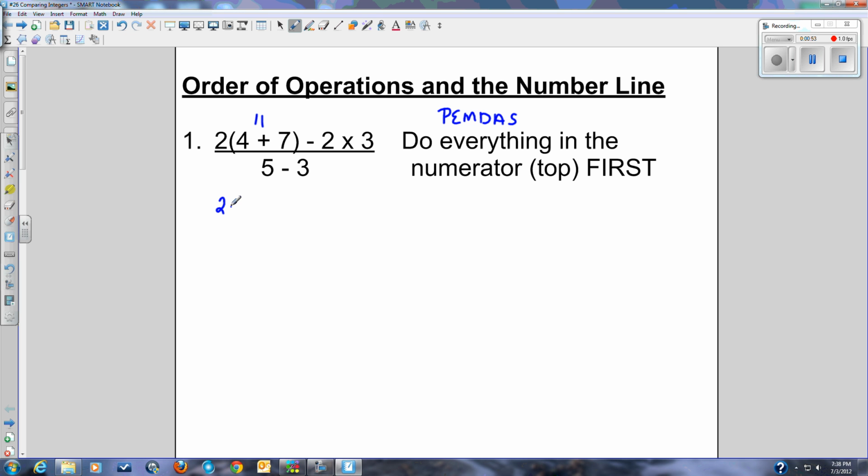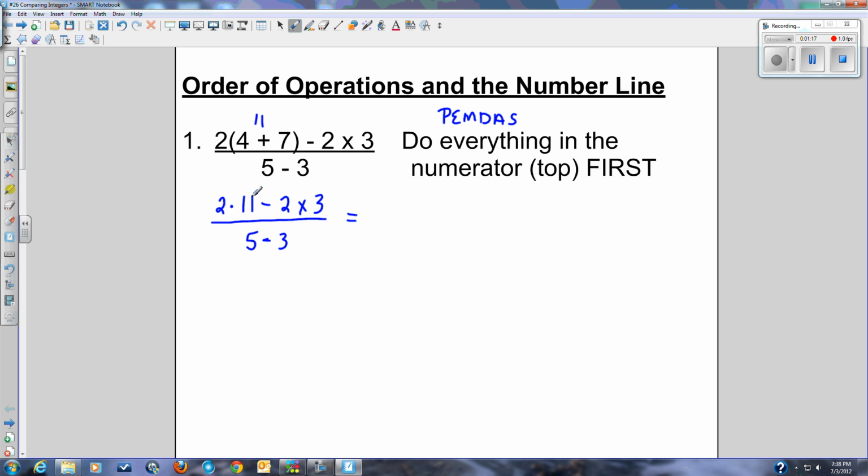So we're going to rewrite the problem as 2 times 11 minus 2 times 3 all over 5 minus 3. Now, we're still in the numerator. We haven't finished up with that yet.